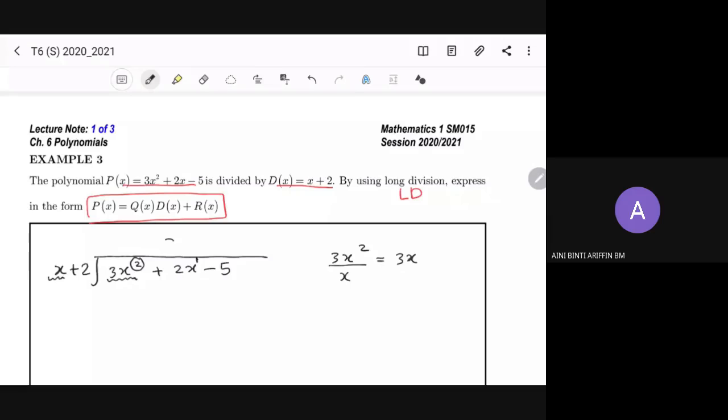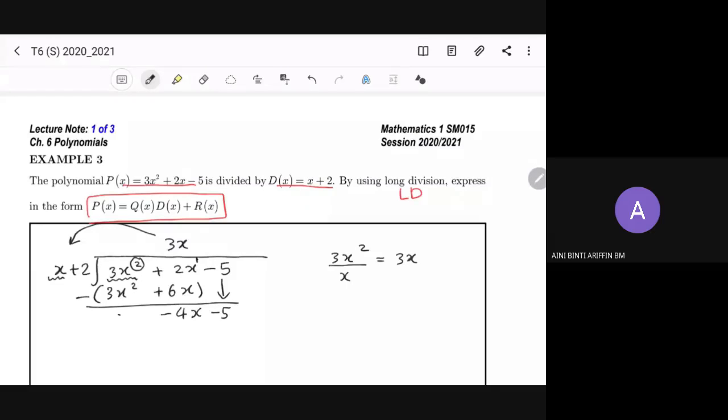So 3x is the first term of the quotient. Okay, next, we multiply by the divisor. So we get 3x squared plus 6x. And we subtract. So 3x squared minus 3x squared is 0. 2x minus 6x is negative 4x. And then bring down negative 5.